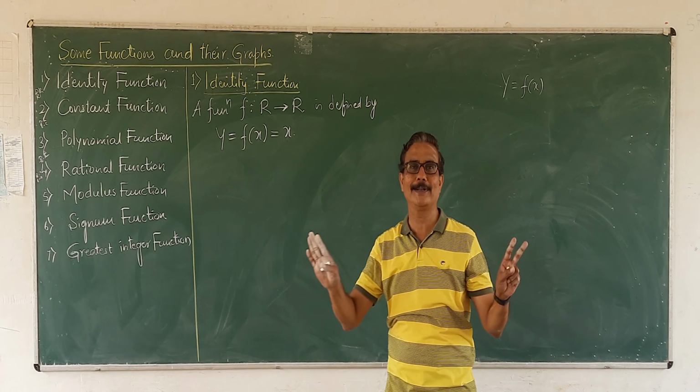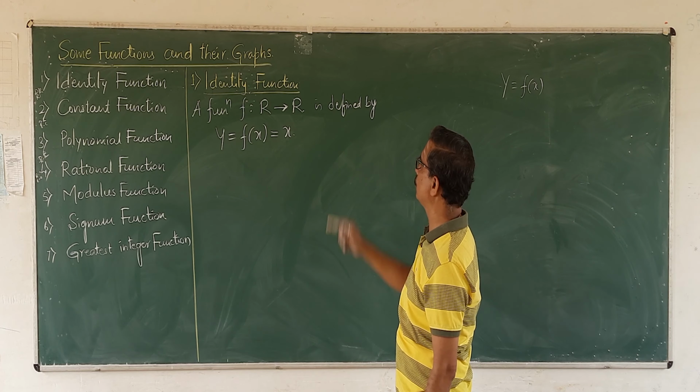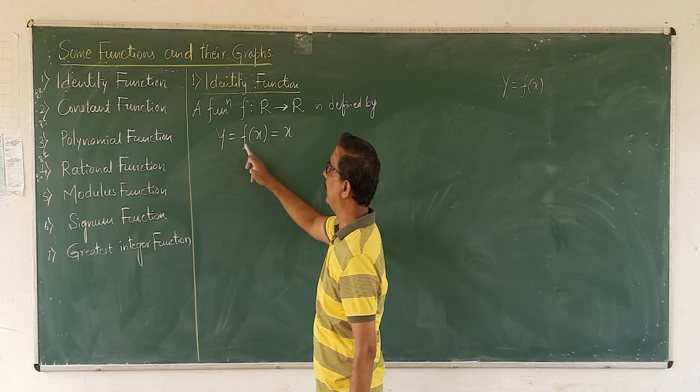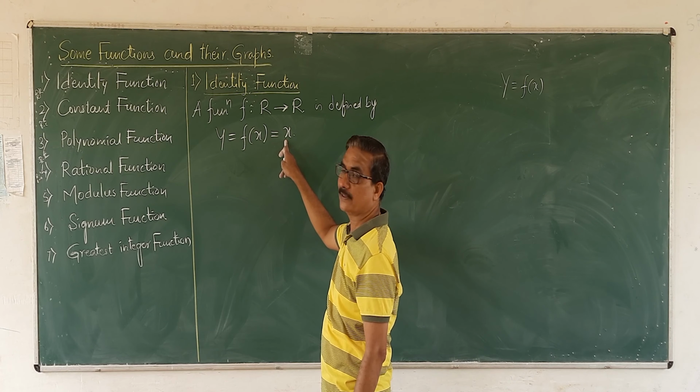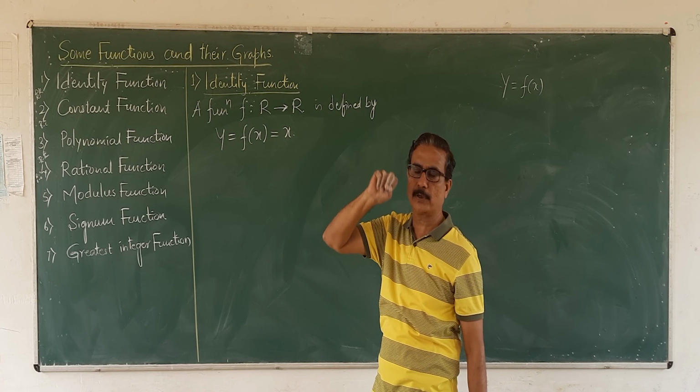So definition of identity function: a function f from R to R is defined by, mathematically, y is a function of x. Y is equal to f of x. Then f of x value is x. Y is equal to x. Identity means having same number of elements.